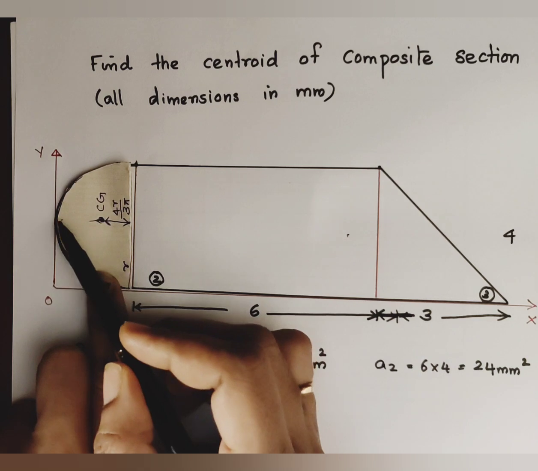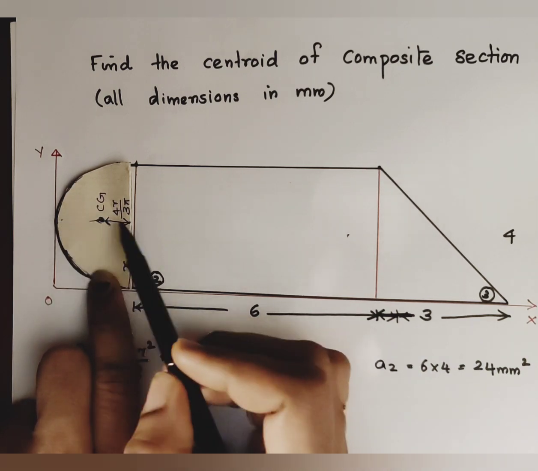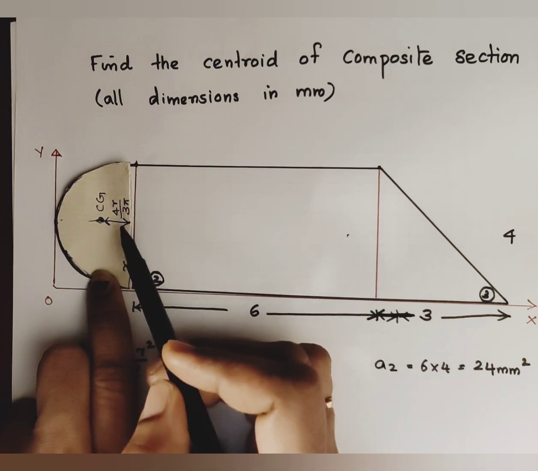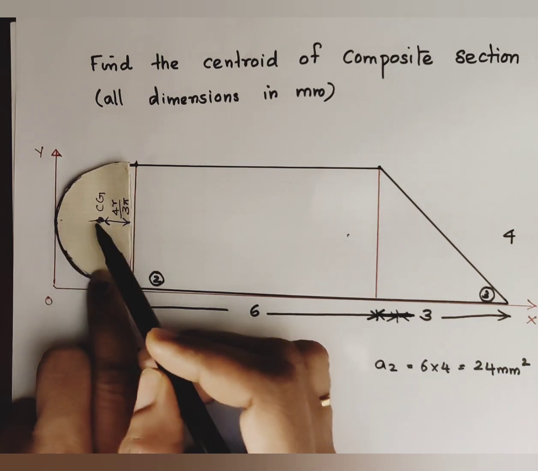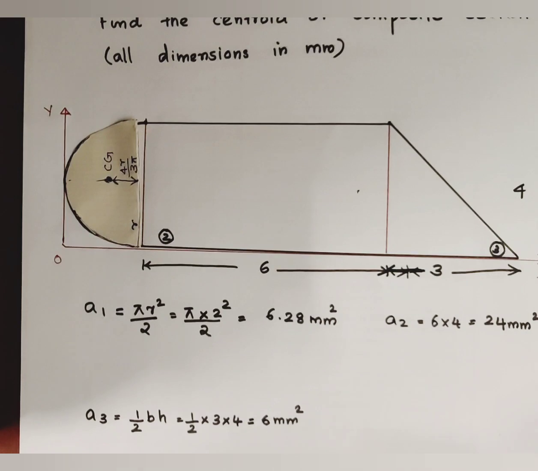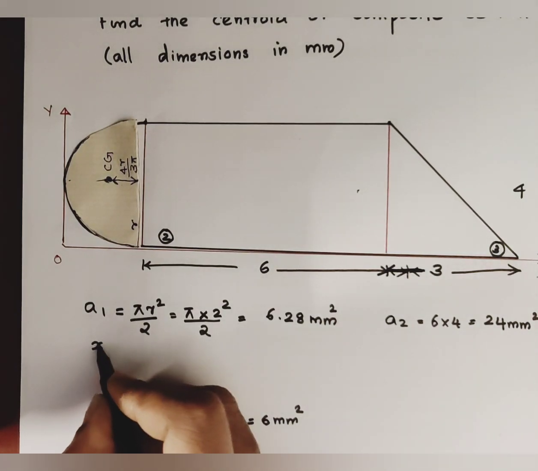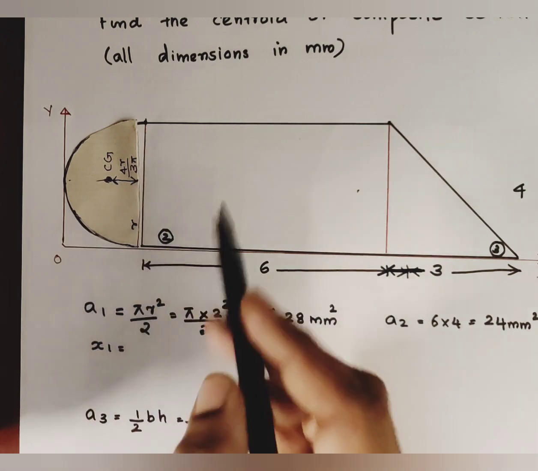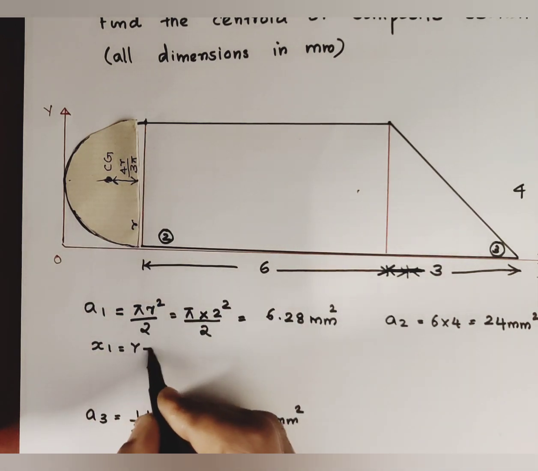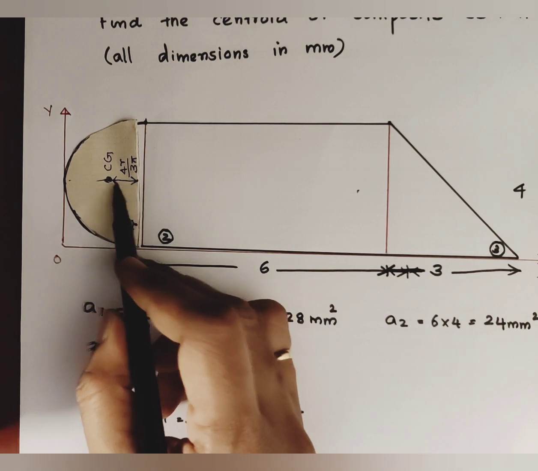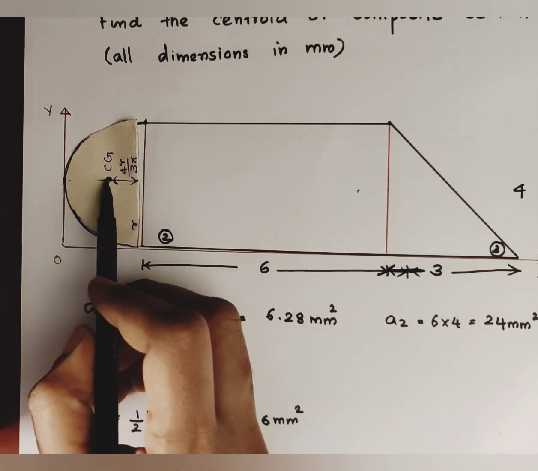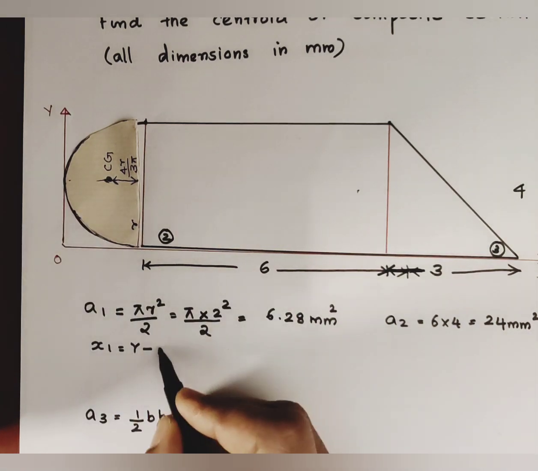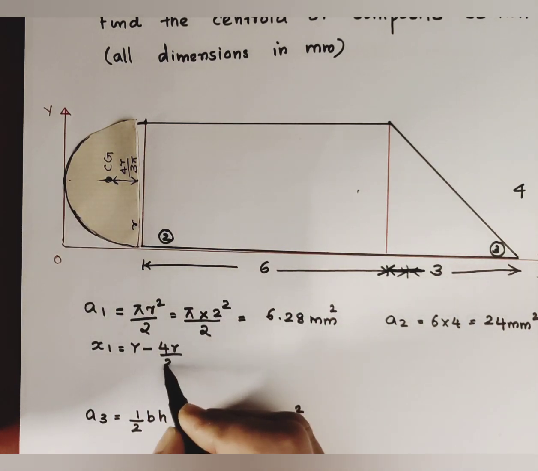You know this distance is equal to the radius r, so the radius minus 4r by 3 pi gives this distance. So x1 is equal to r minus 4r by 3 pi, which gives the distance of the centroid from the OY axis.